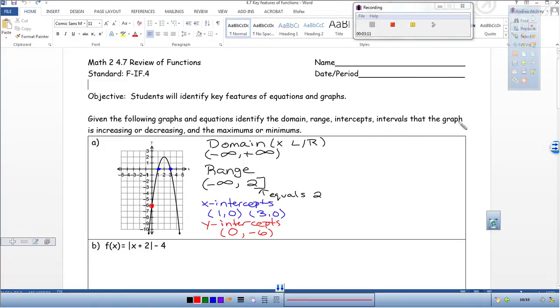Okay, now we're doing the intervals if the graph is increasing or decreasing. This is a newer thing that we're still struggling a bit with. As x moves from left to right, what are the y values doing?